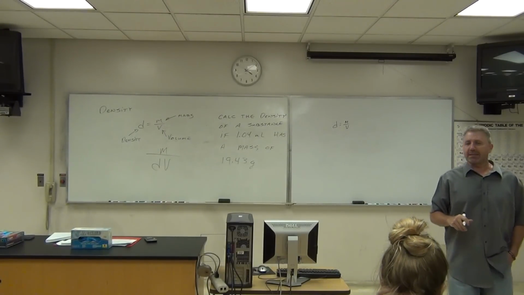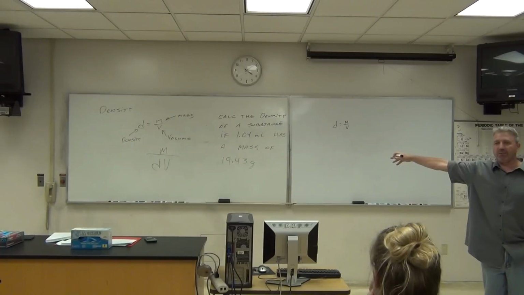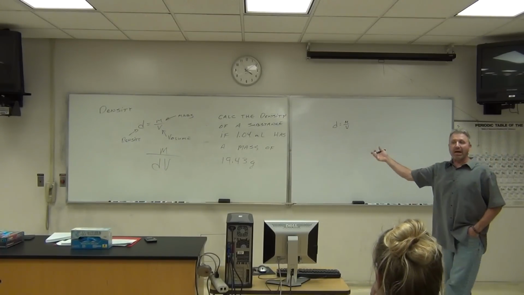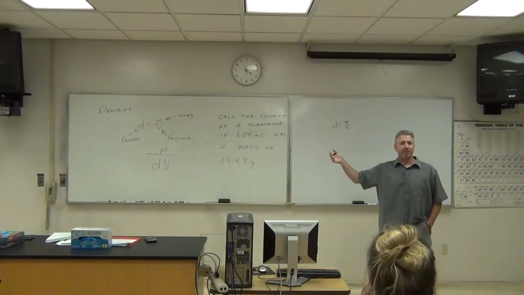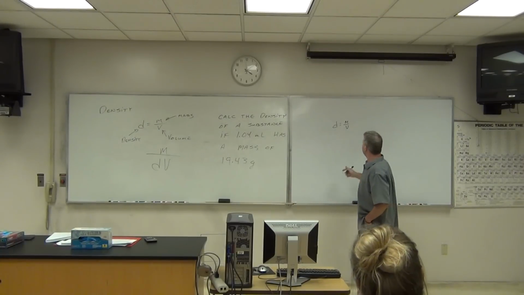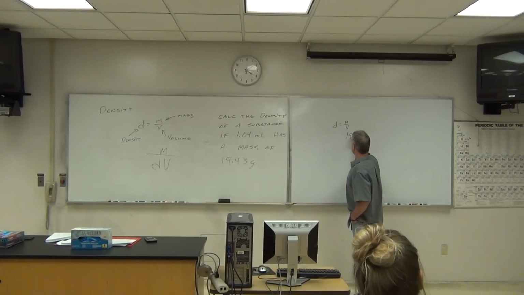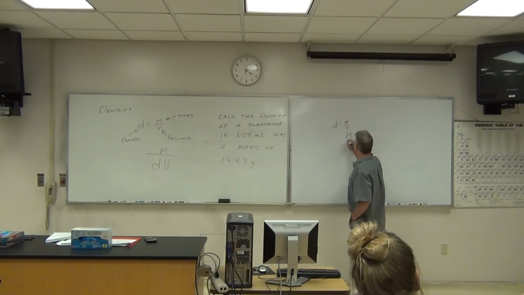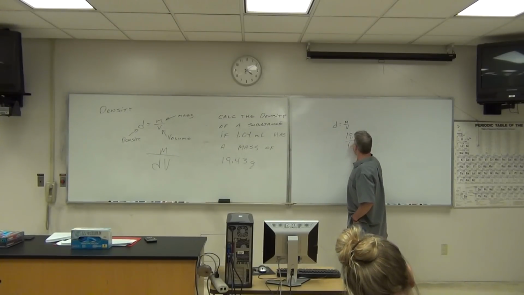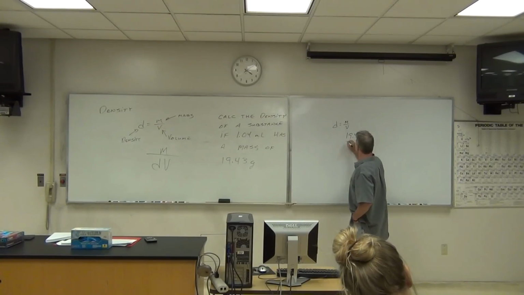I'm given a mass. How do I know which one of those is a mass? Grams. The unit's a dead giveaway, isn't it? So my mass is 19.43 grams. My volume is 1.04 mL.